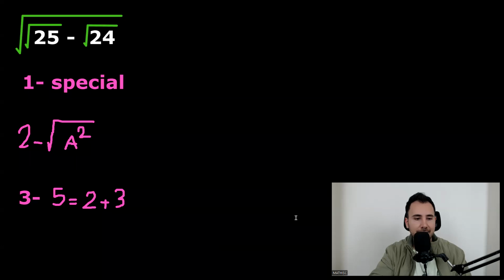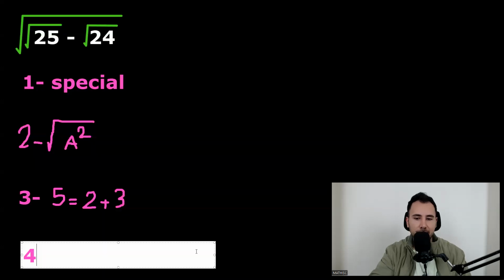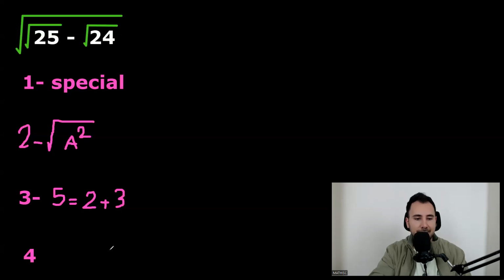My last hint would be, where can I use this formula? a squared plus b squared minus 2ab is (a minus b) squared.